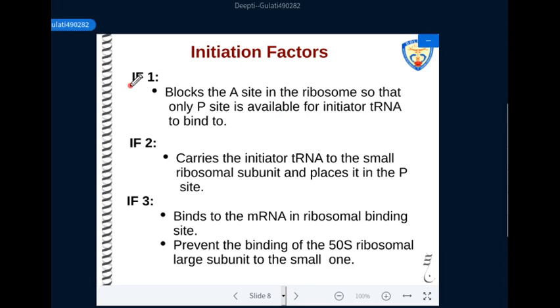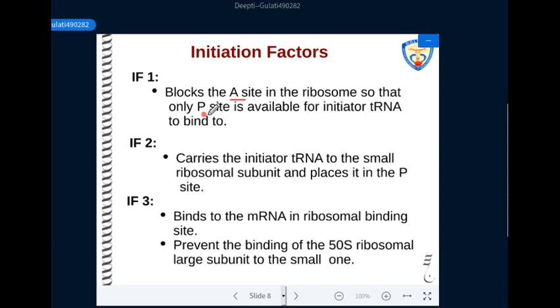Now, what is the role of these three initiation factors in the initiation step? There is initiation factor 1. The function of initiation factor 1 is to block the A site in the ribosome. The ribosome has two sites for the binding of the transfer RNA, for the elongation of the chain.